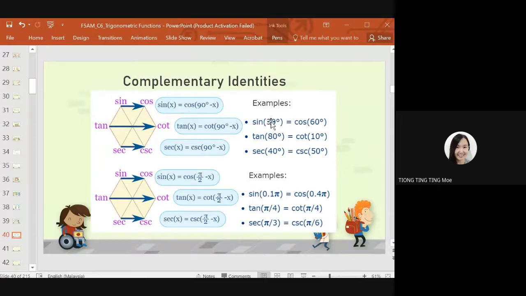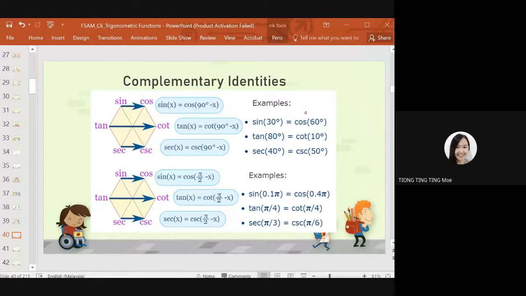For example, I give you 30 degrees. You want to change it to cos equals how many? Then you want to change to another side, how many? You know this part? Complementary, sin cos, so 90 minus 30, it's 60. Okay, do you understand this one? They are reciprocal. From the hexagon, you know they are reciprocal. Sin cos.